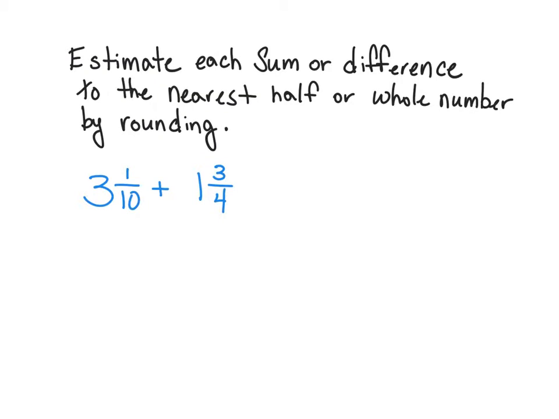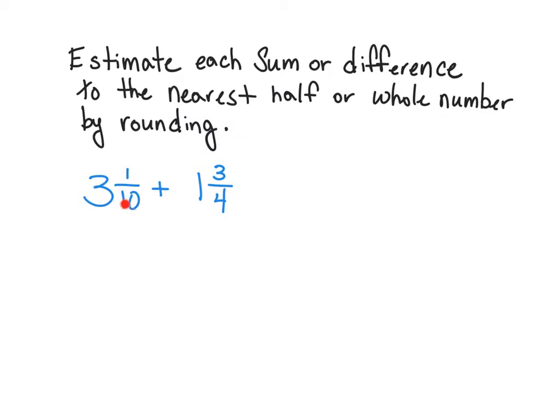Okay, first one, estimate each sum or difference to the nearest half or whole number by rounding. So 3 1/10 plus 1 3/4. If we look at this mixed number, we see this fraction, and 1/10 is very small.